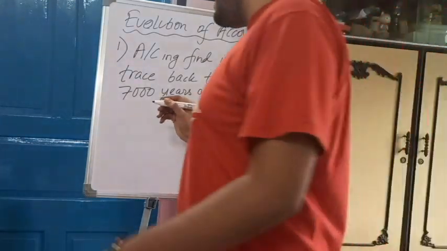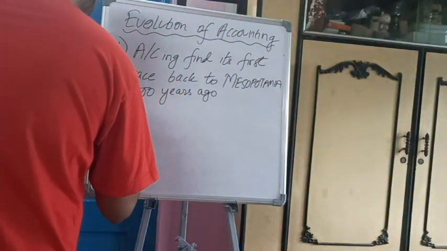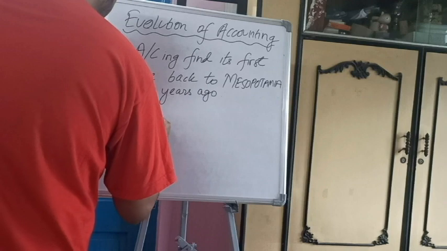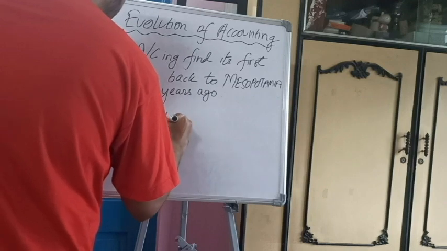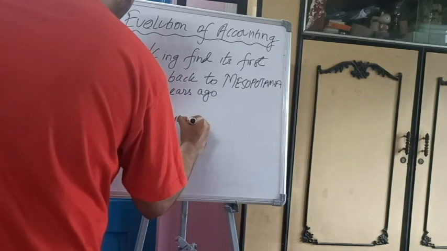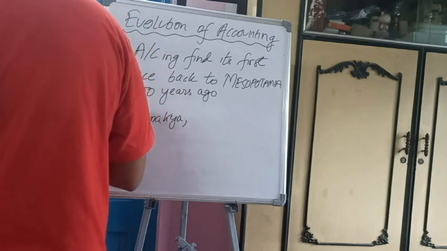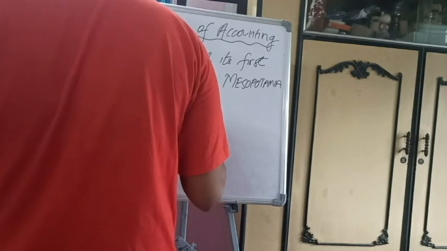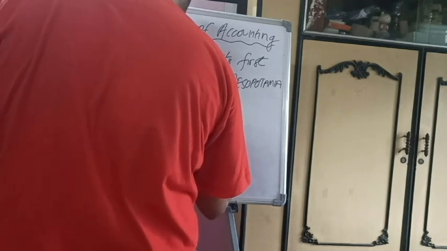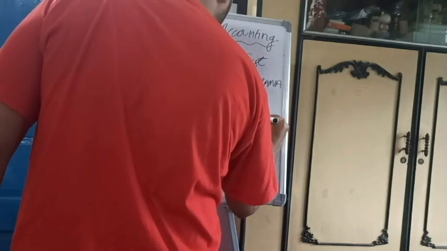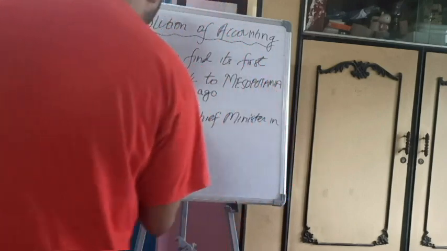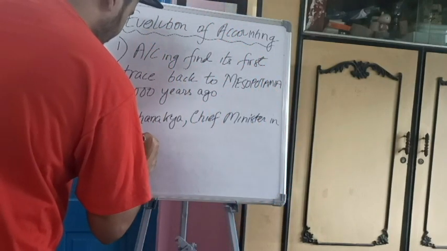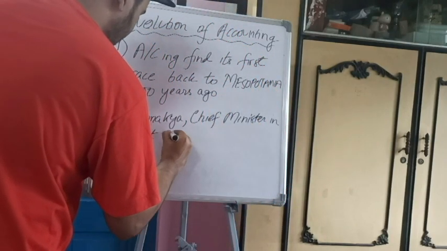Now my second point is, in India, it was found by Chanakya. Who was Chanakya? Chanakya was the chief minister in the court of Emperor Chandragupta.